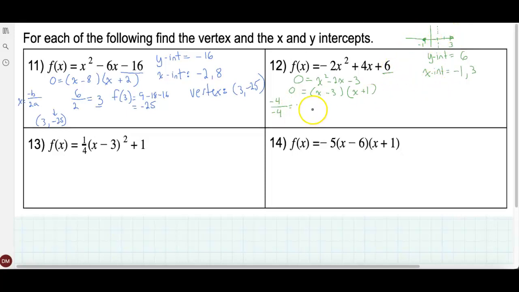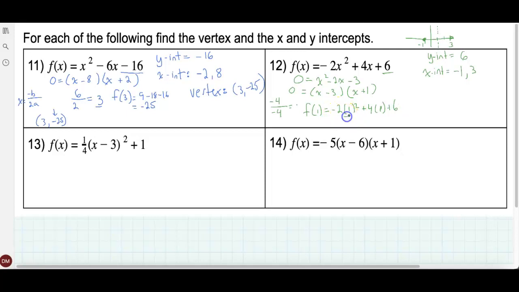So I need to find out what the y value is. In this case, it'll be the maximum, okay? That would be f of 1. So f of 1 is negative 2 times 1 squared plus 4 times 1 plus 6, okay?